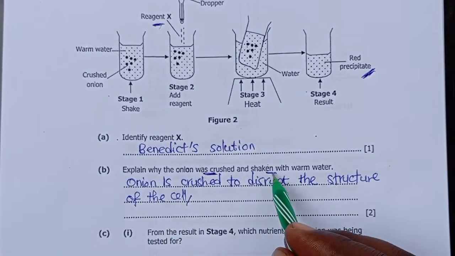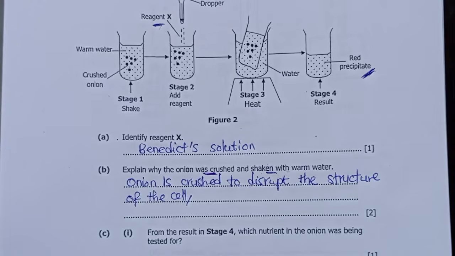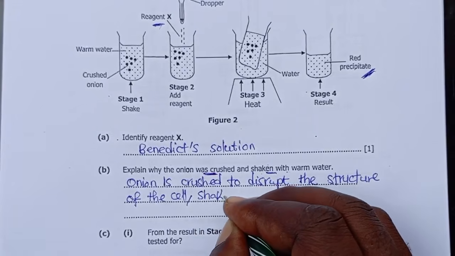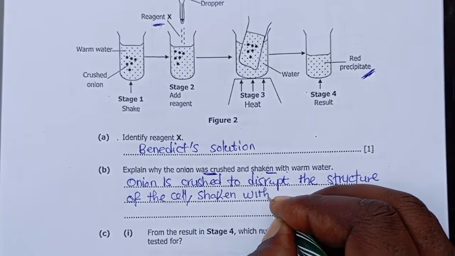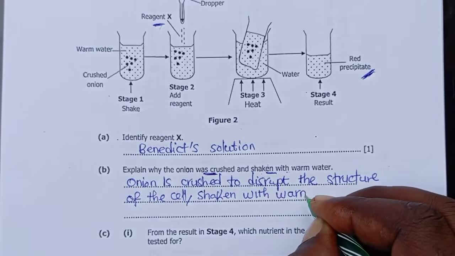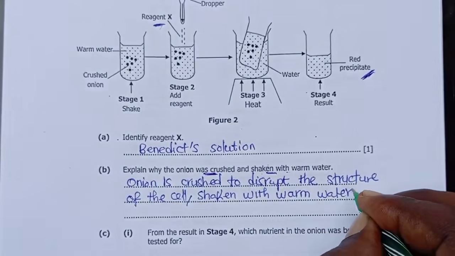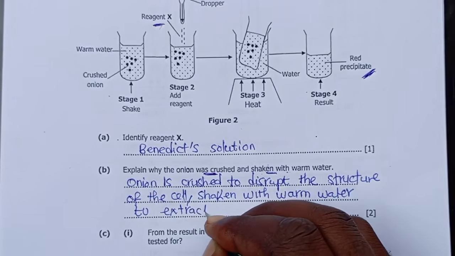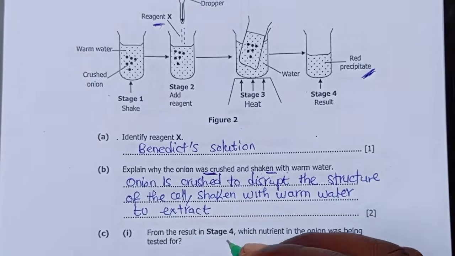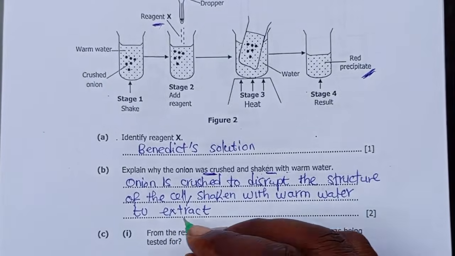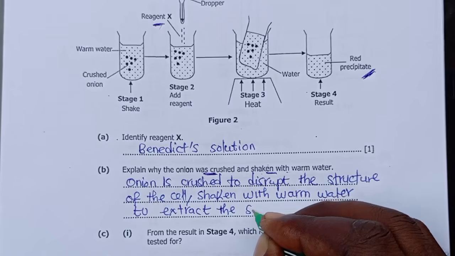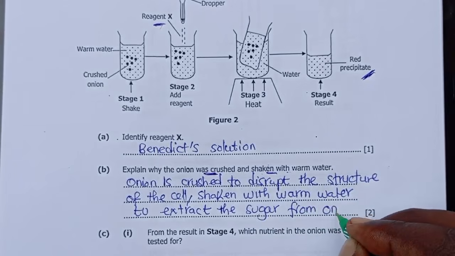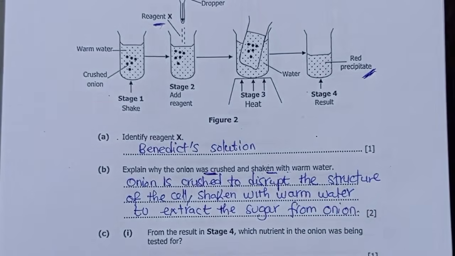Then, this part now, shaken with warm water. So it is shaken with warm water to extract the sugar from the onion, because this is testing for sugars.